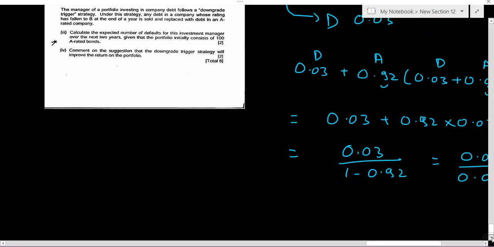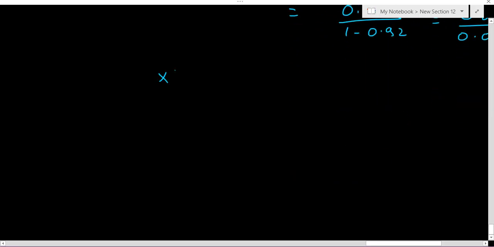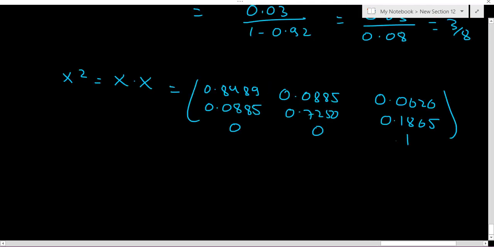So X square would be X into X, forward multiplying X by X. That would give me the following matrix, so this is what your matrix will look like. This is my transition matrix.